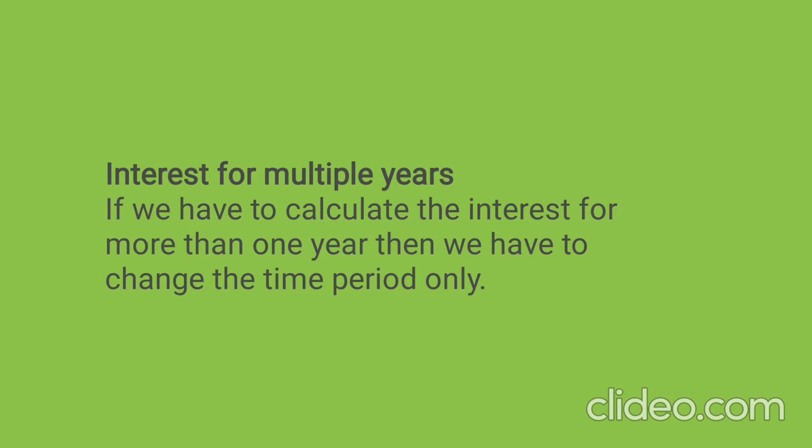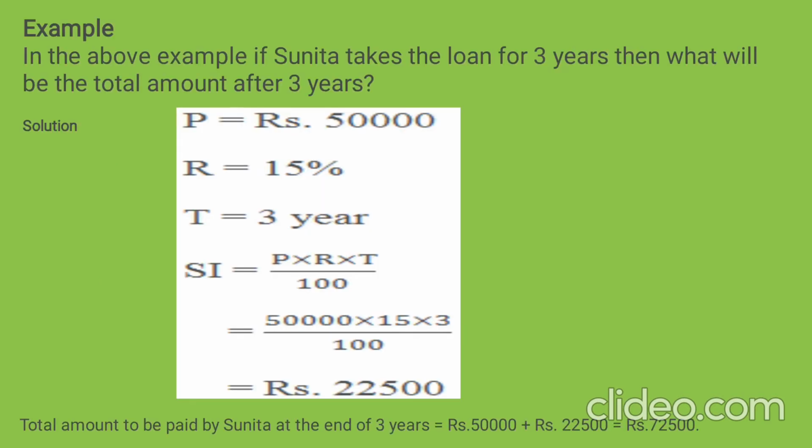Interest for multiple years. If we have to calculate the interest for more than 1 year, then we have to change the time period. In the above example, if Sunita takes the loan for 3 years, then what will be the total amount after 3 years?